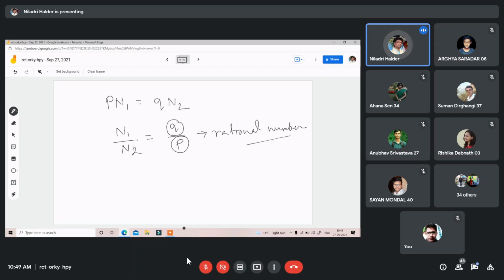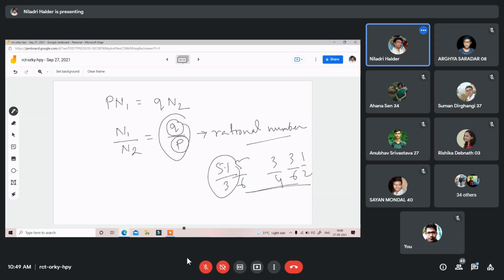The definition of a rational number is that it's a ratio of two integers, 5 by 6, 3 by 4, 3 by 6, 1 by 2, like that. All are rational numbers. But 5.1 by 3, that is not a rational number, keep in mind.